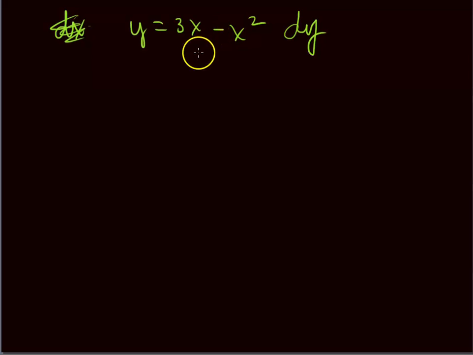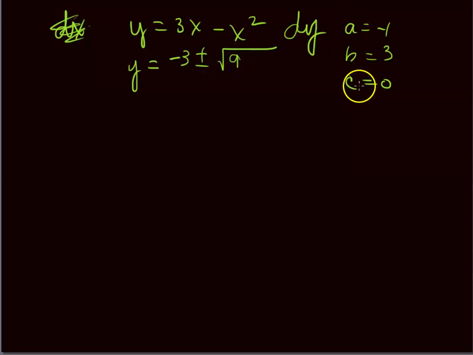Try to solve for x here. Well, you've got an x squared and an x. You could do it if you want to use the quadratic formula, where a is -1, b is 3, and c is 0. Then it would be the opposite of b, plus or minus the square root of b squared, which would be 9, minus 4ac, but c is 0.